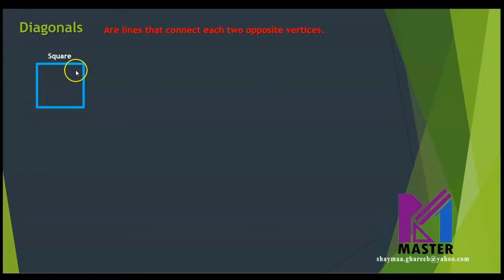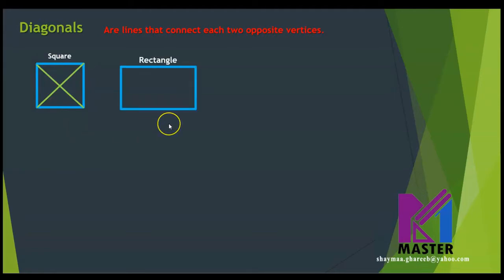They are opposite to each other. So this line is called a diagonal. So we can also have another diagonal on the other 2 corners or 2 vertices. So the square has 2 diagonals, as you can see.